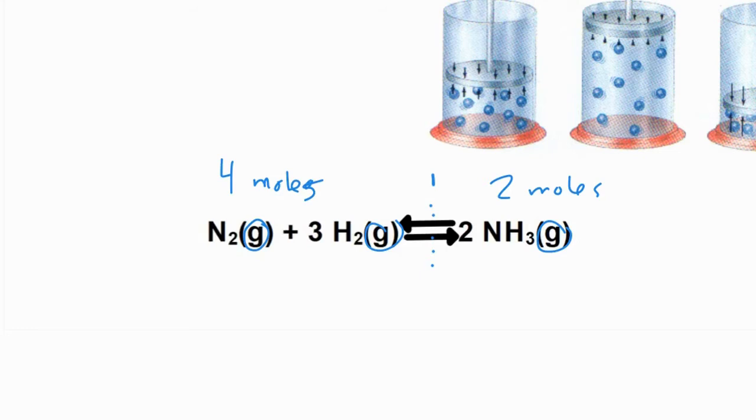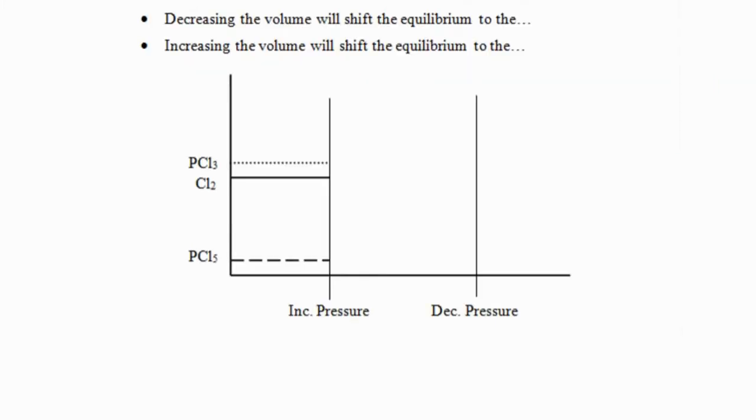If we think about this, the side with more moles is going to have a higher pressure. So this side would be the side that would increase pressure, and this right-hand side would be the side that decreases pressure. So when we look at changes in pressure, we need to look at the moles of gas when we look at how to counteract that change.